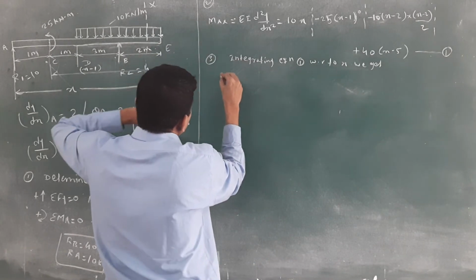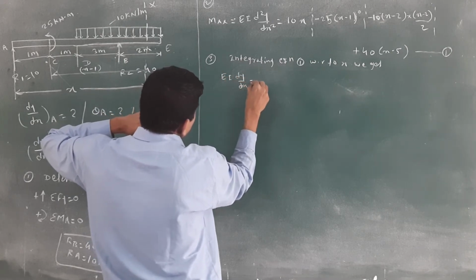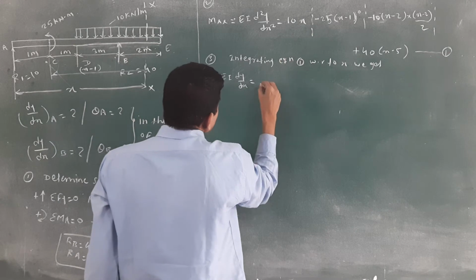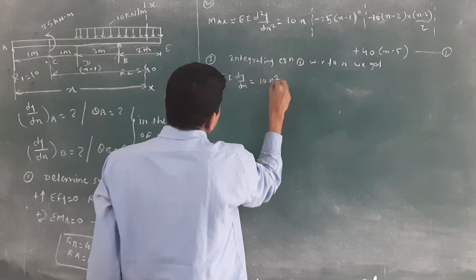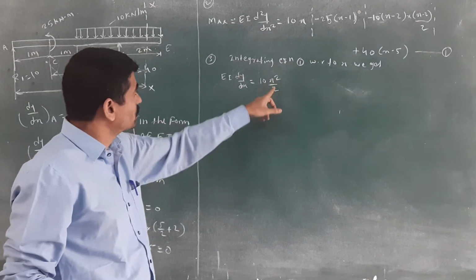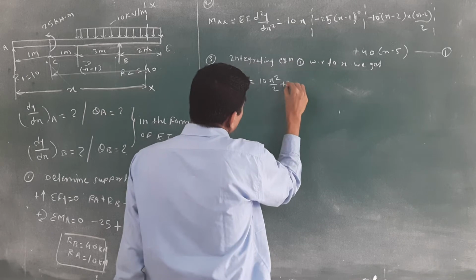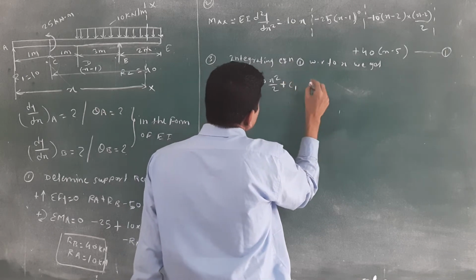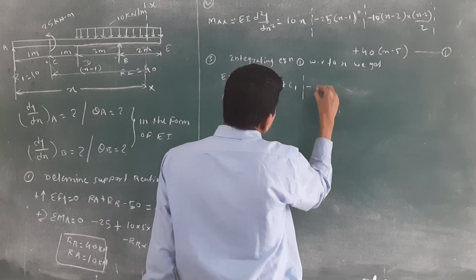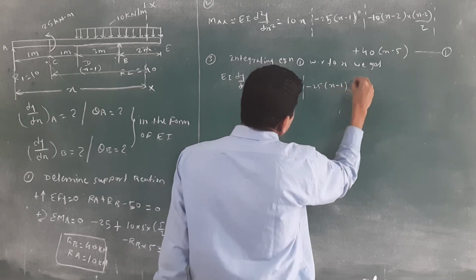Integrating equation 1 with respect to x, what will we get? EI dy by dx is equal to 10x, integration of x is x square by 2, and you have to write the constant plus c1. Then second, minus 25 (x minus 1) to the power 1 divided by 1.